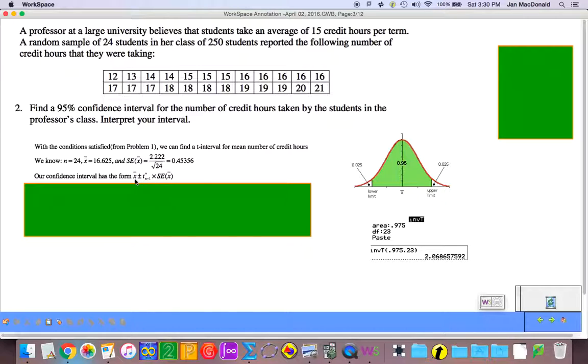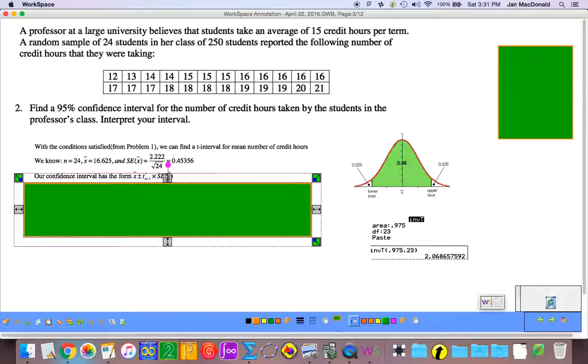So we have the sample mean, which is 16.625. We have our critical t value for a 95% confidence interval of 2.069. And we have the standard deviation of our sample statistic, which is 0.453. So we're going to plug it in.